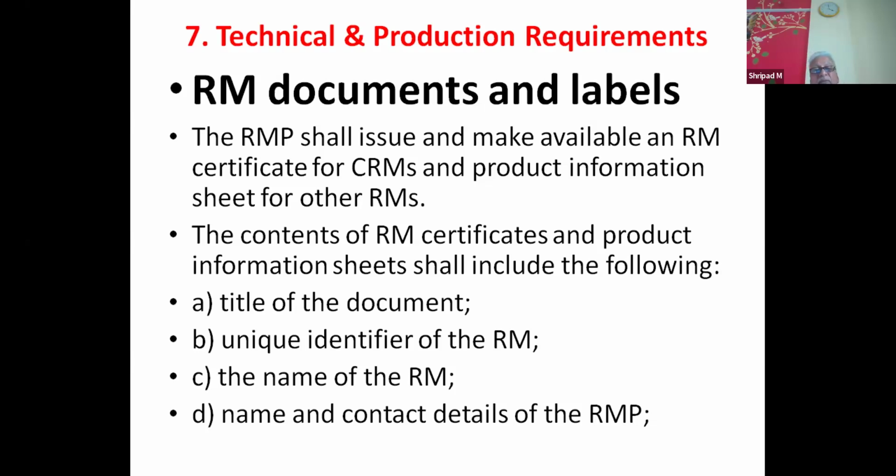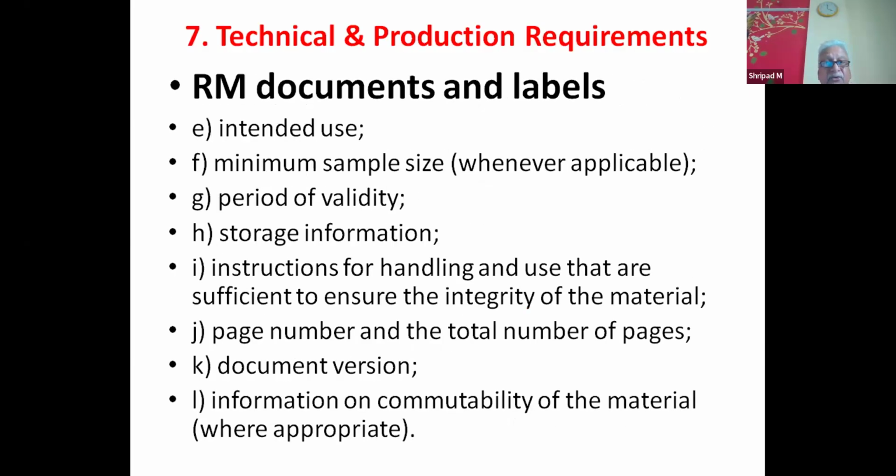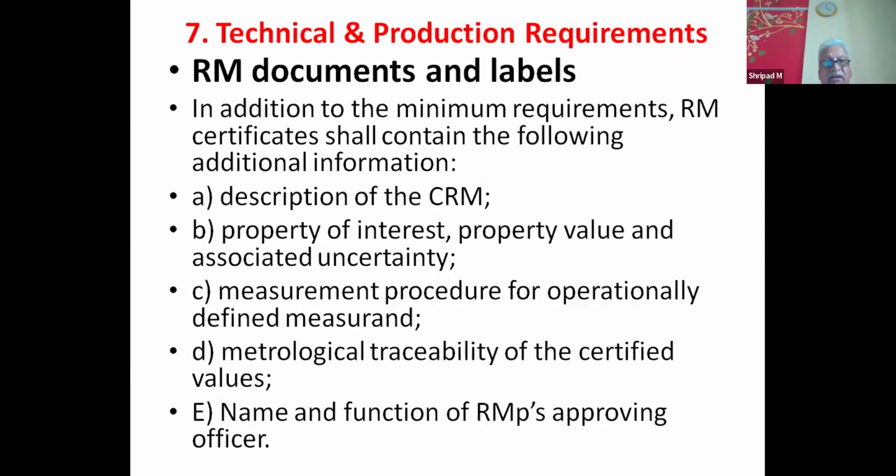it shall include the minimum information below: title of document, unique identifier of the RM, the name of the reference material, the contact details of the reference material producer, their intended use, minimum sample size, period of validity, storage information, and instructions for handling and use that are sufficient to ensure the integrity of the material. Then page number, total page number, document version, information on commutability of the material where appropriate.